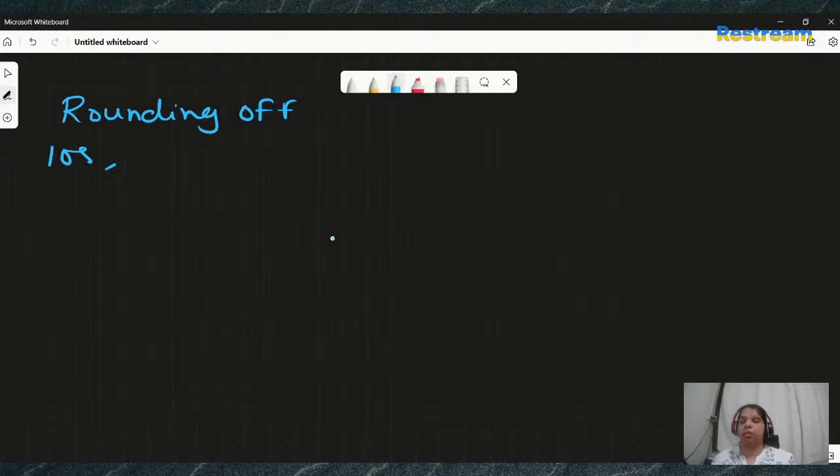Okay, so this is my screen. So last time we learned rounding off to nearest tens, hundreds, and thousands, if I'm not wrong. Yes, we did that. And then we did estimation.